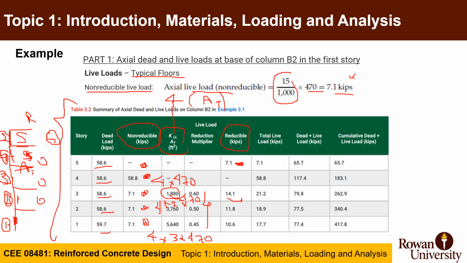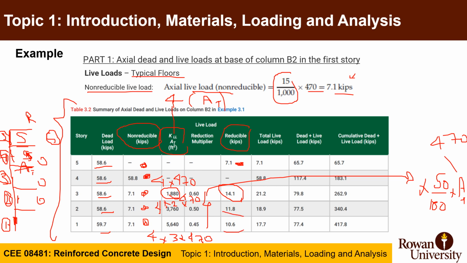Now you can calculate based on the number for the reduced one, which is going to be this factor times 50 over 1,000 times the tributary area 470. That will give you a reduced load of 14.1, 11.8, and 10.6.